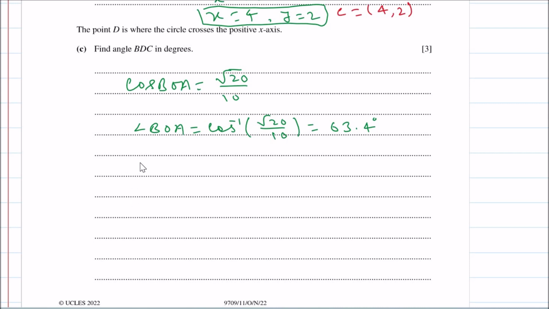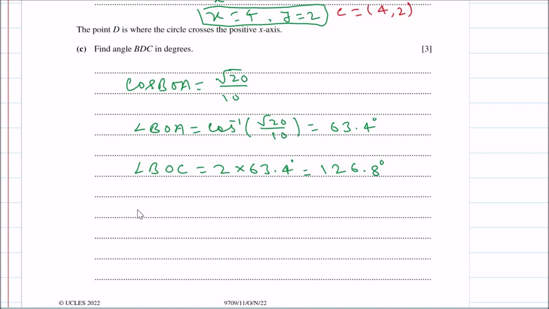Now angle BOC, you can see in the diagram, angle BOC will be 2 times this. So 2 times 63.4 degree, that is 126.8 degree. Now angle at the circumference is half the angle at the center.